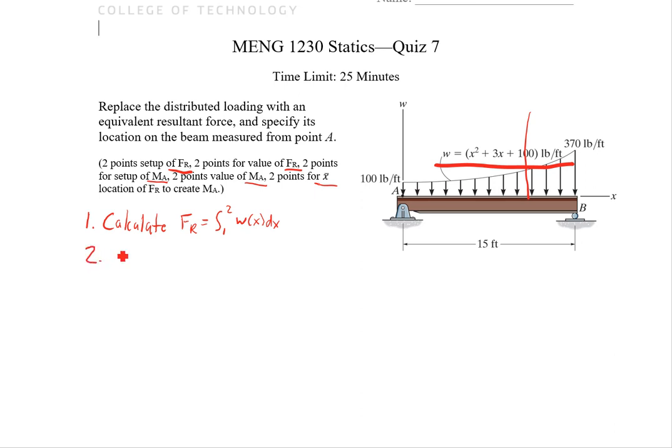Second, we're going to calculate MA, and that's the integration from 1 to 2 of w of x times x dx. And then 3, x bar is going to be that moment over our resultant force. That will get us our distance in feet in this case from A to that location.